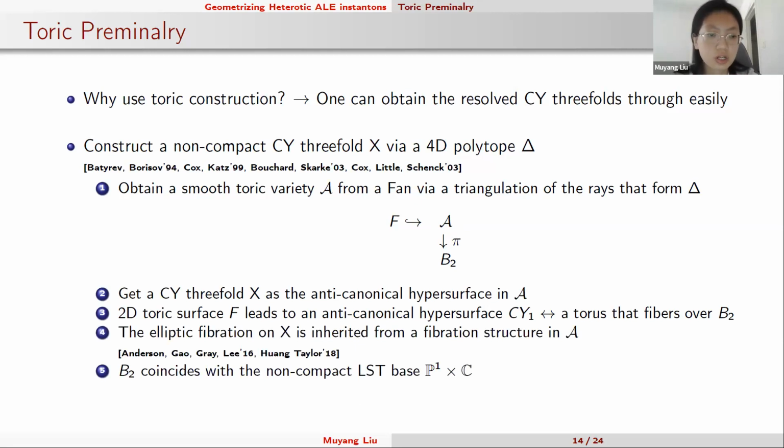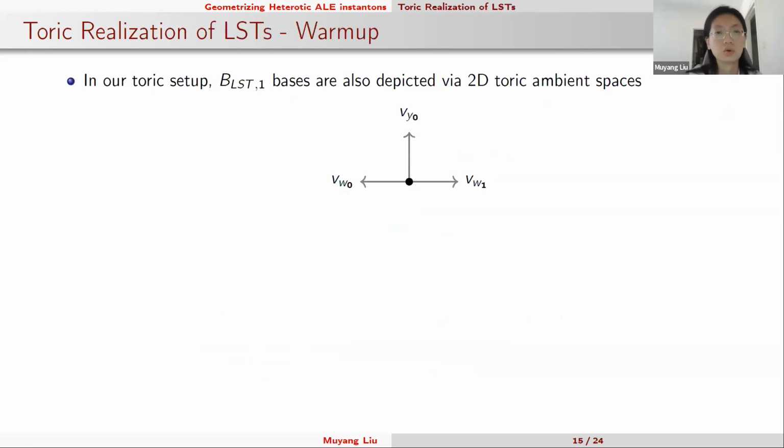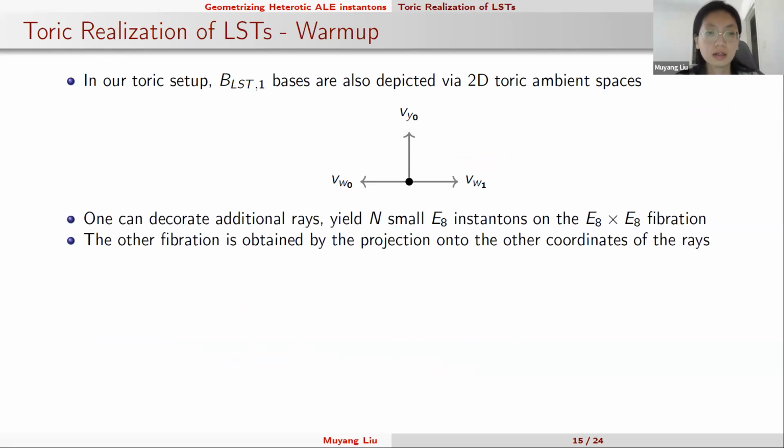And this construction has the advantage that the elliptic fibrations on X are inherited naturally from the fibration structures in the toric ambient space. And of course, the base B2 here coincides with the non-compact base P1 cross C of the heterotic theory. We can depict the base via a 2D toric ambient space, as I depicted here.